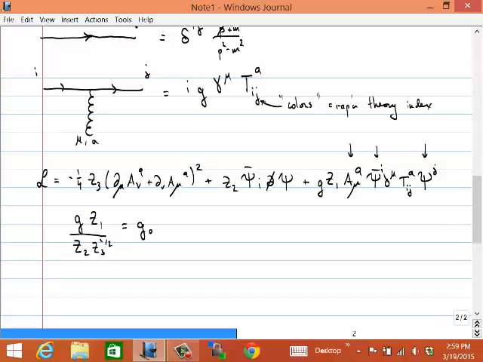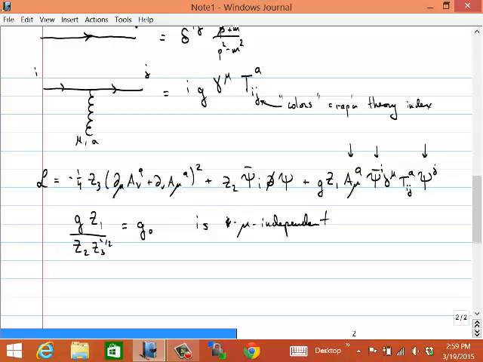And if you want to understand the dependence of this on renormalization group scale, you just remember that G0 is the actual parameter appearing in the action. So this is the guy that is independent of the RG scale.